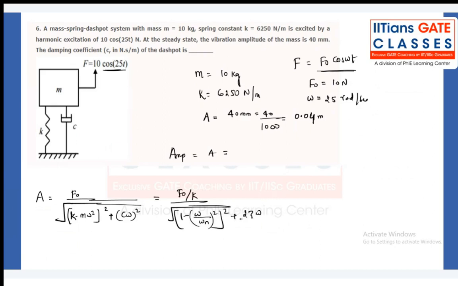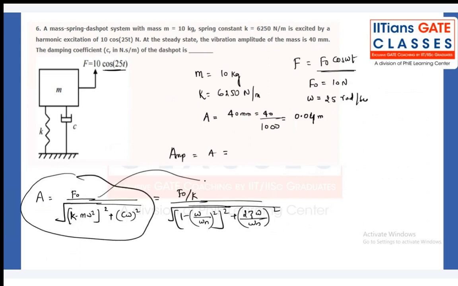If you write one formula in terms of F naught, K, C, omega, M, then looking at the data, this formula is most suitable to apply here. But sometimes they give frequency ratio and zeta, then the other formula is applicable. How to get from here to here? Take K common from this particular under root, and you get exactly the same formula, right?